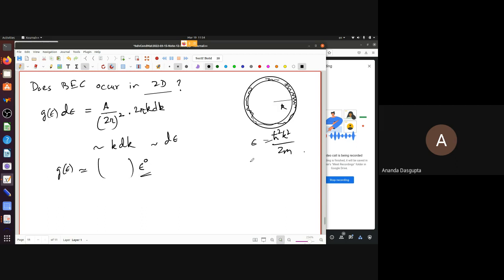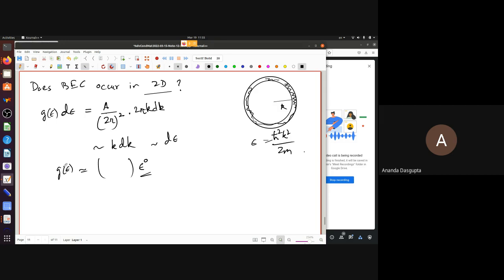Unlike in 3D where you had epsilon to the half, here you have epsilon to the 0. G(epsilon) for a 2D non-relativistic bosonic gas is flat. There is no dependence on the energy. Contrast this with the 3D case where you had an epsilon to the half.